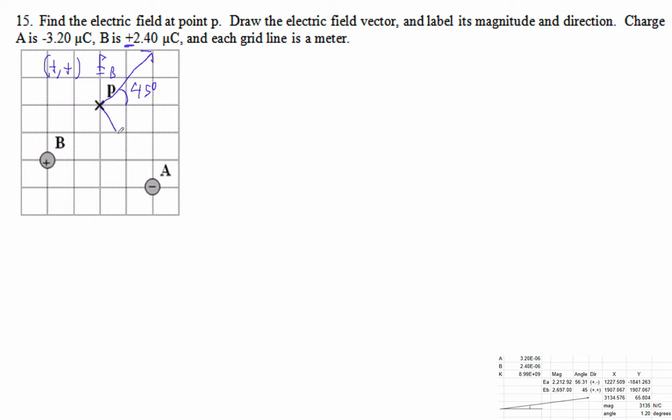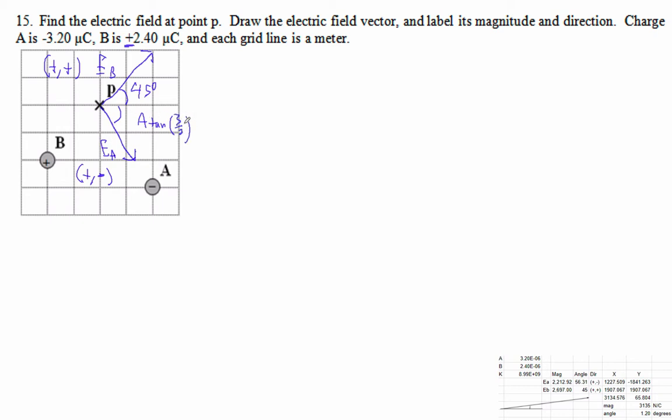So EA is that direction, right? And that direction there. So EA is going to have a positive x component, but a negative y component. And this angle right here is going to be atan, or tan minus 1 of, let's see, what is it? 1, 2, 3 halves.